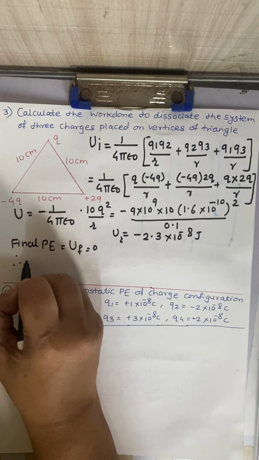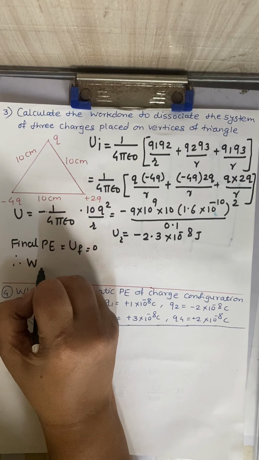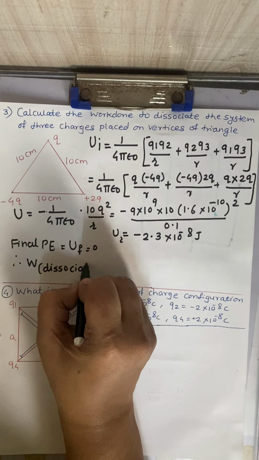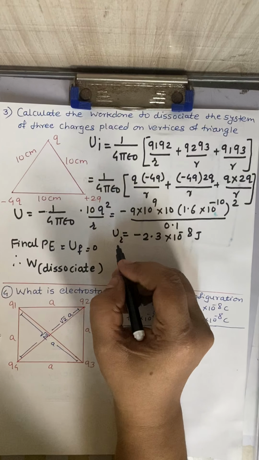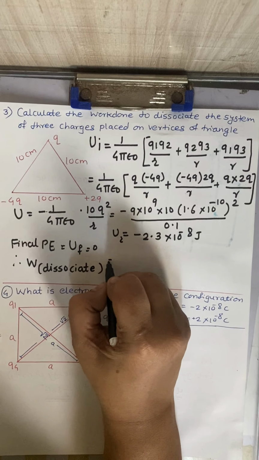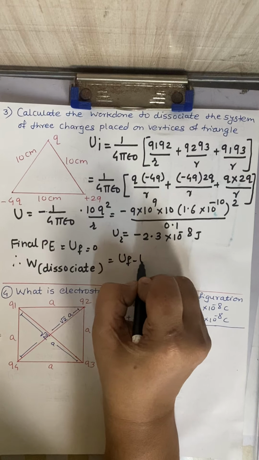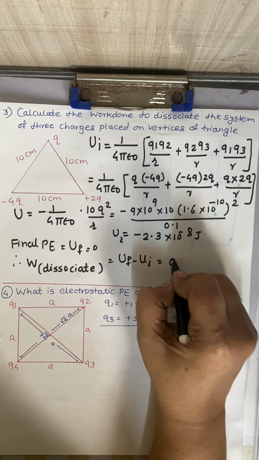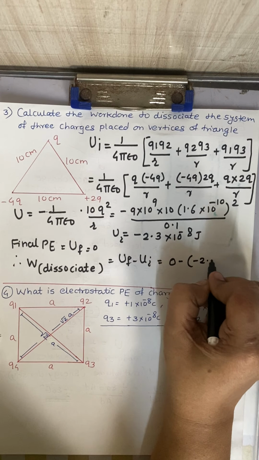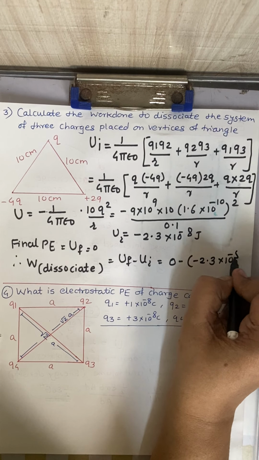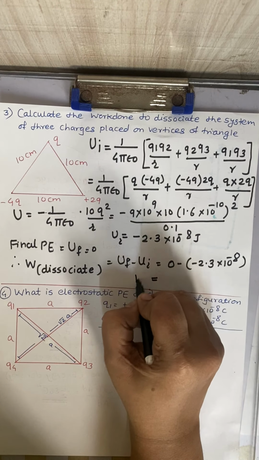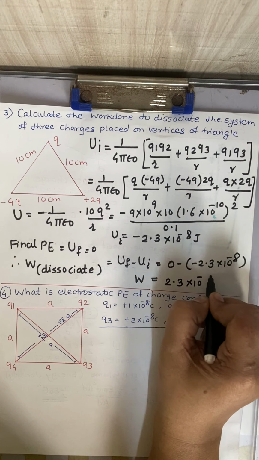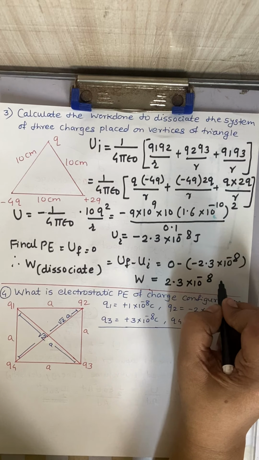Therefore the work done to dissociate the system of these three charges is given by U final minus U initial, that is equal to 0 minus of minus 2.3 into 10 raised to minus 8. So total work done is equal to 2.3 into 10 raised to minus 8 joule.